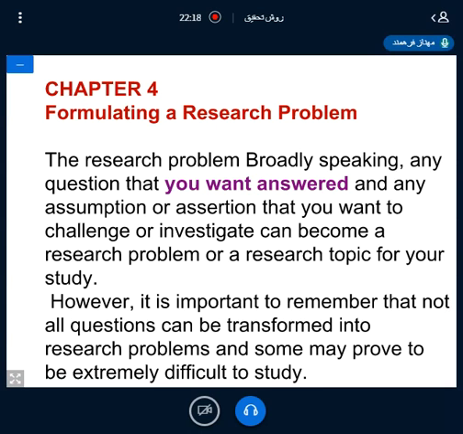A research problem, broadly speaking, is any question that you want answered and any assumption or assertion that you want to challenge or investigate can become a research problem or a research topic for your study.